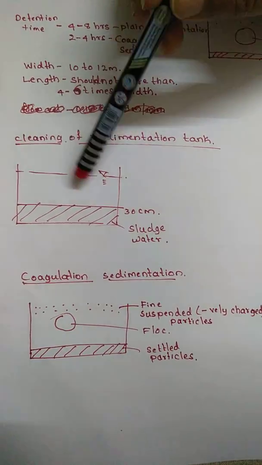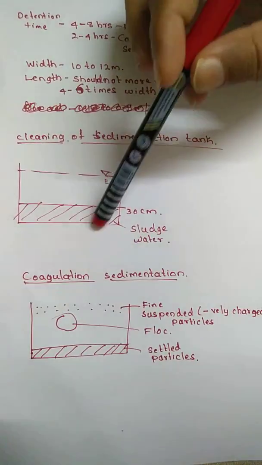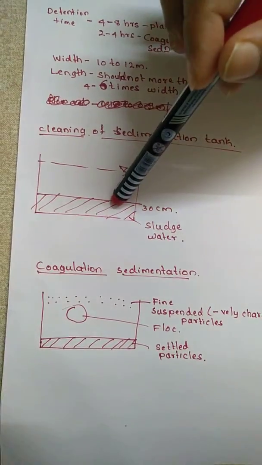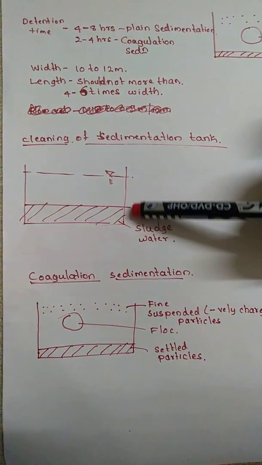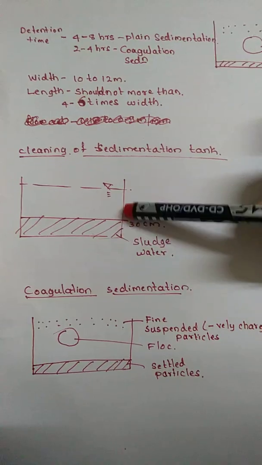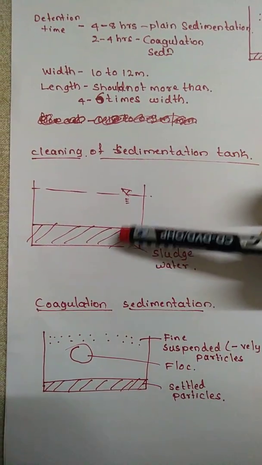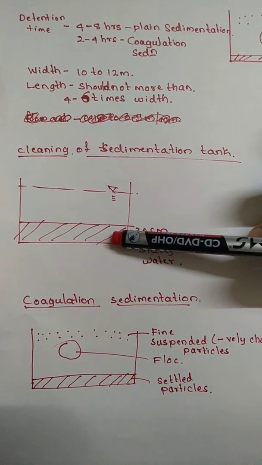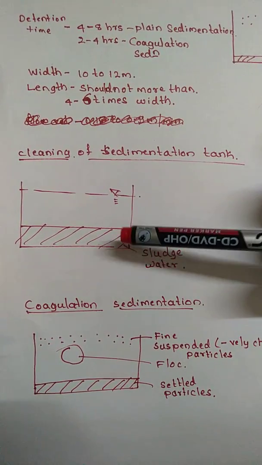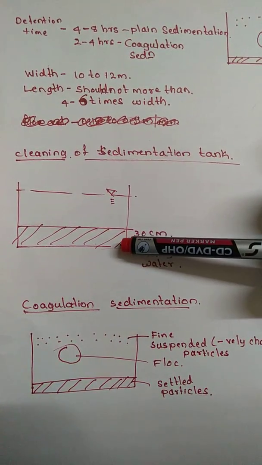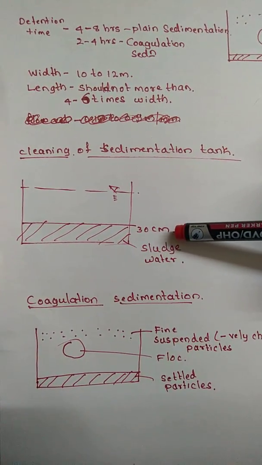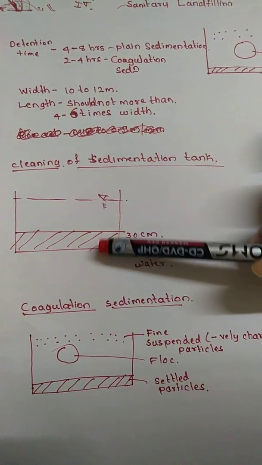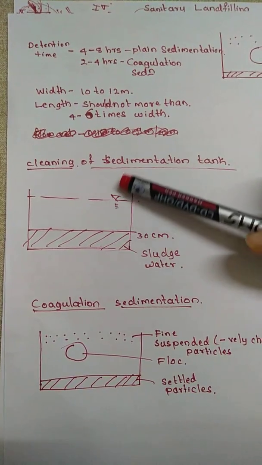Then, after a good amount of sludge has settled, we remove the top water and keep the water up to a 30 centimeter depth. This water will be too turbid, having the settled particles in it. So this 30 centimeter layer consists of settled particles plus water, and we are going to remove it.